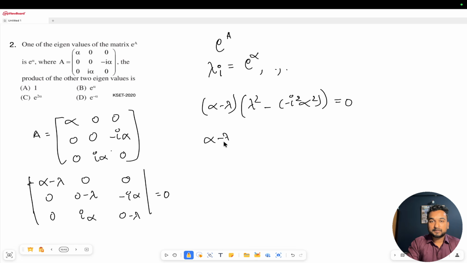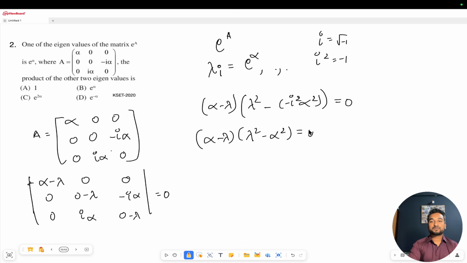So alpha minus lambda into lambda square, minus minus 1, minus into minus will be plus, but iota square is what? Iota is under root minus 1, so iota square is minus 1, so you'll get lambda square minus alpha square equals 0. So from here you get lambda equals alpha as one root and plus minus alpha as your other two roots. So your lambda i for this A matrix are plus alpha and minus alpha.